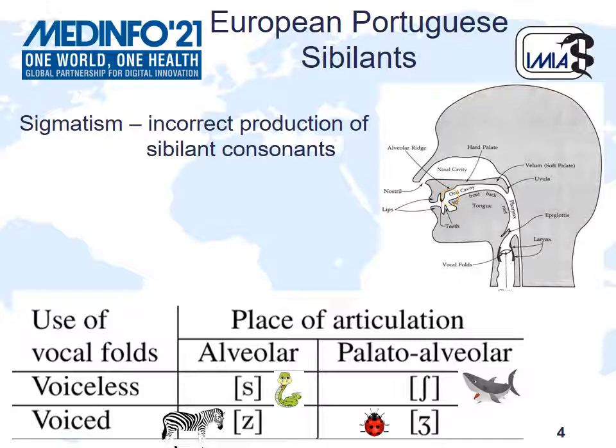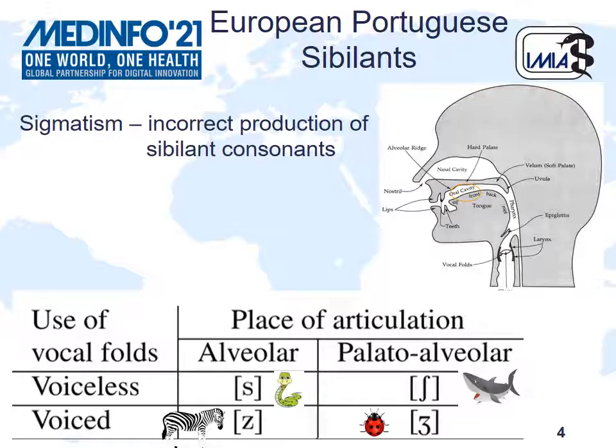On the other hand, sh and j use the palato-alveolar region of the mouth, and one is voiced, j, and the other is not voiced, sh. Okay? So, sometimes children have difficulty producing one of these sibilant sounds, or they can have difficulty producing more than one of these sibilant sounds, and they can also confuse the sounds because they are so similar.